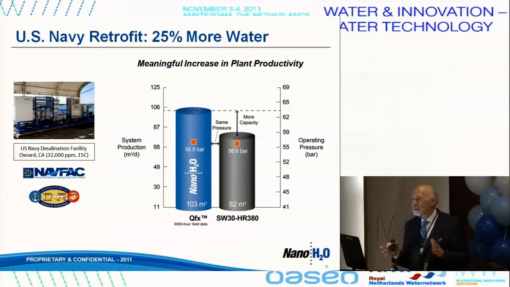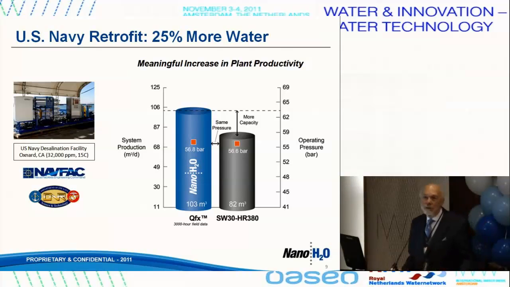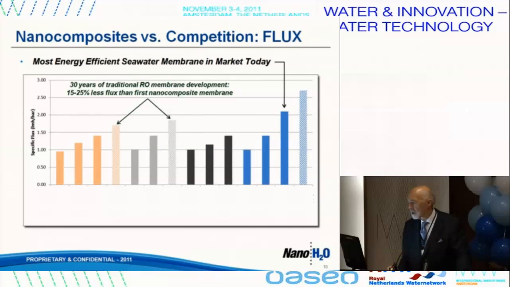So the takeaway shouldn't be that you can always get 25% more water. That's not correct, but in some cases you certainly can, and usually what we find is people want some kind of balance between getting more water and saving on energy. It just depends on the specific customer.